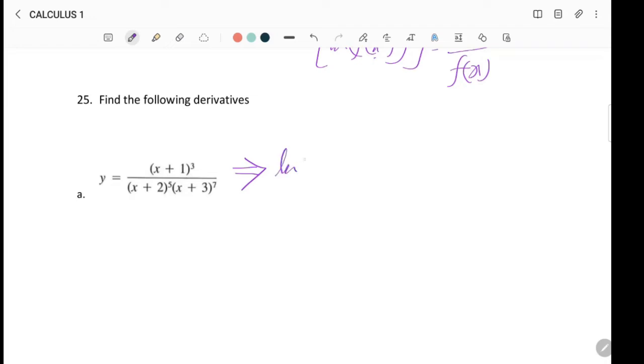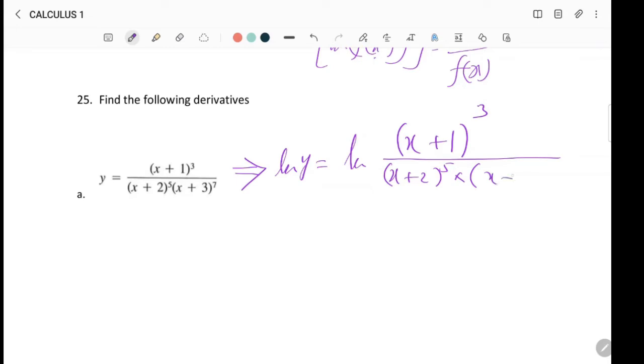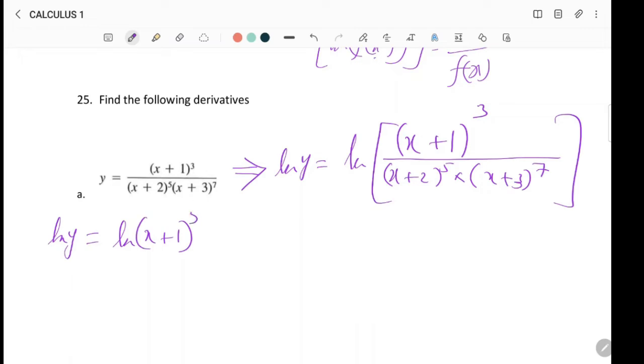So we will apply ln y equals ln of (x plus 1) whole cube over (x plus 2) to the power 5 times (x plus 3) to the power 7, and ln y equals ln (x plus 1) whole cube minus ln (x plus 2) to the power 5, then minus, because of log properties, ln (x plus 3) to the power 7.